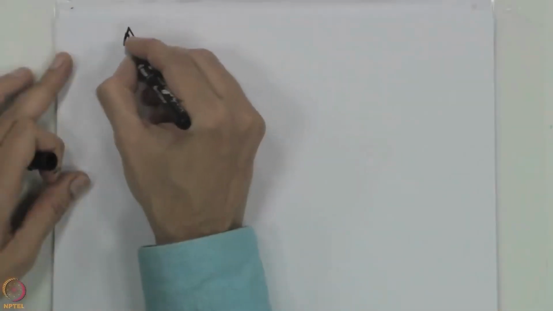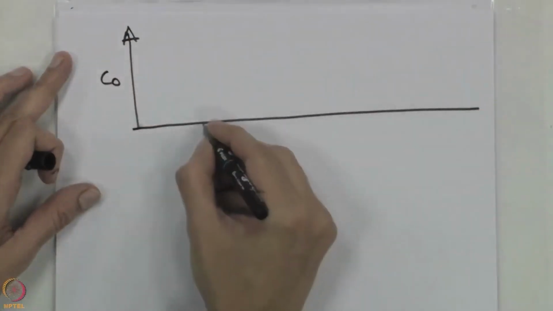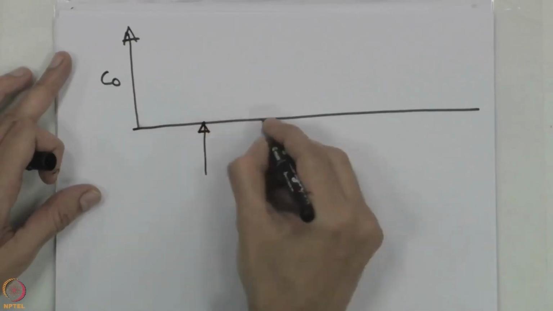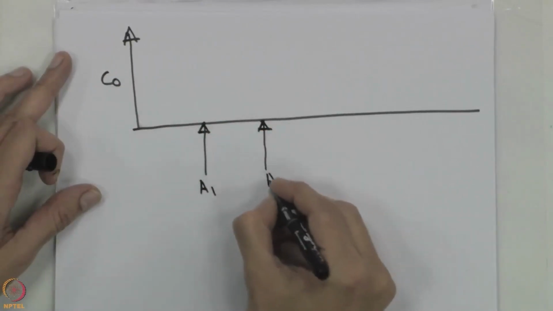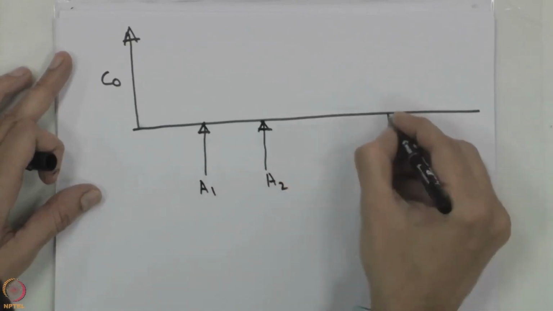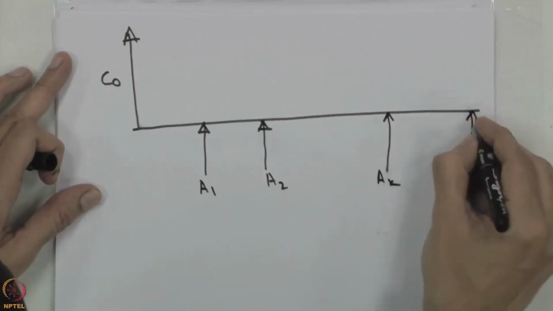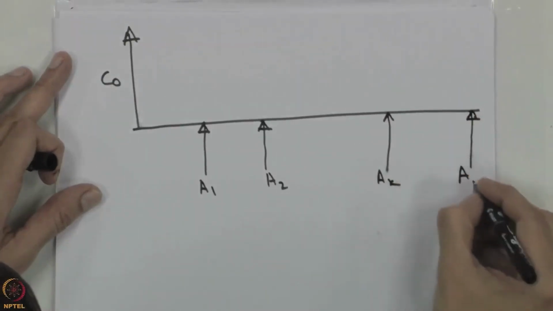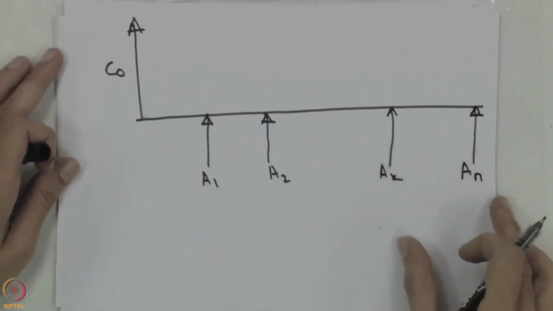We would like to look at a situation where you are making an upfront investment C0, and we are getting benefits over the life of that equipment in different years, A1, A2, AK, to AN, where N is the life of the equipment or the project.